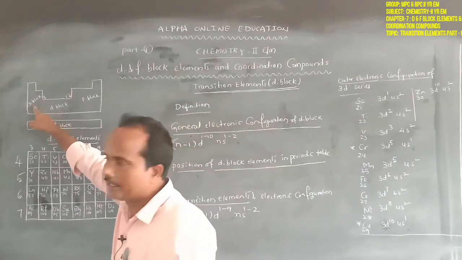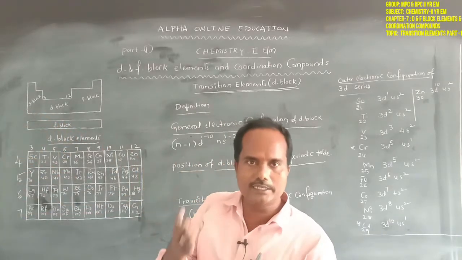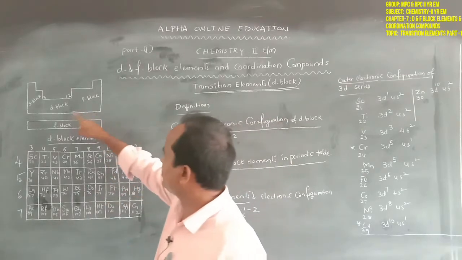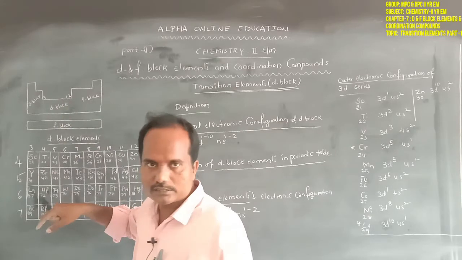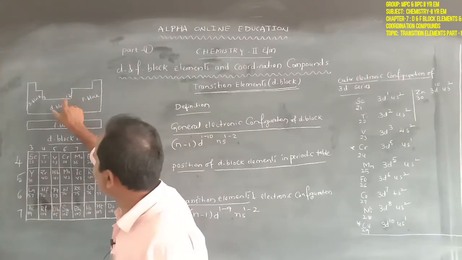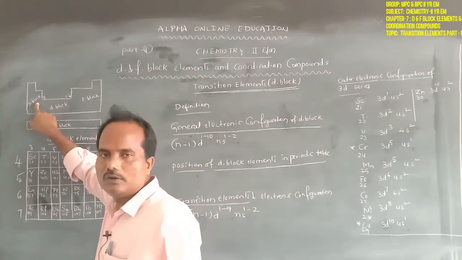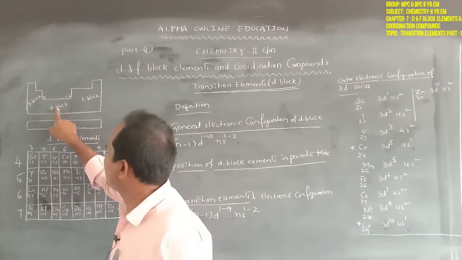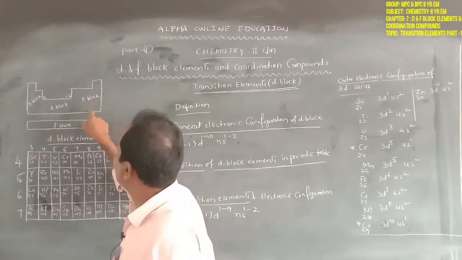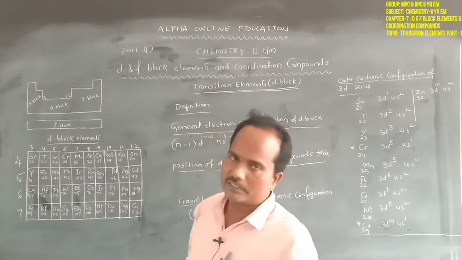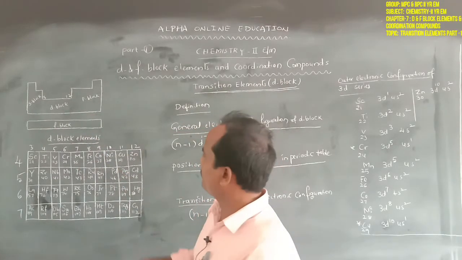But s block elements are more electropositive, and they are highly reactive. Next, d block elements, though they are metals, are less electropositive, and their reactivity is also less when compared with s block. Then p block elements have metals, non-metals and semi-metals.